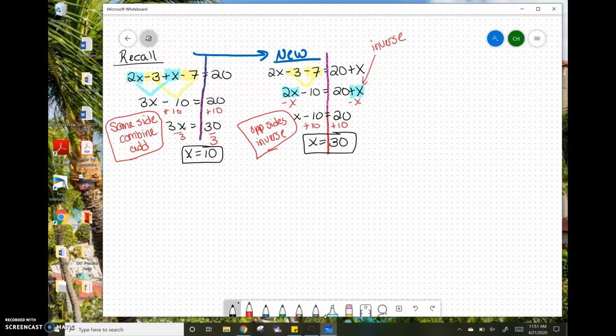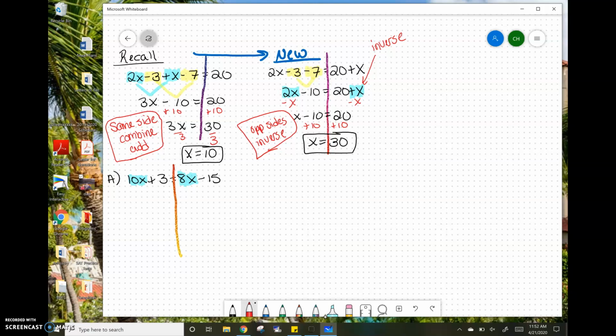For example, if I were to complete problem A, which will say, I don't know, 10x plus 3 equals 8x minus 15, and I look at where the equal sign is, I have variable like terms on opposite sides of the equal sign.